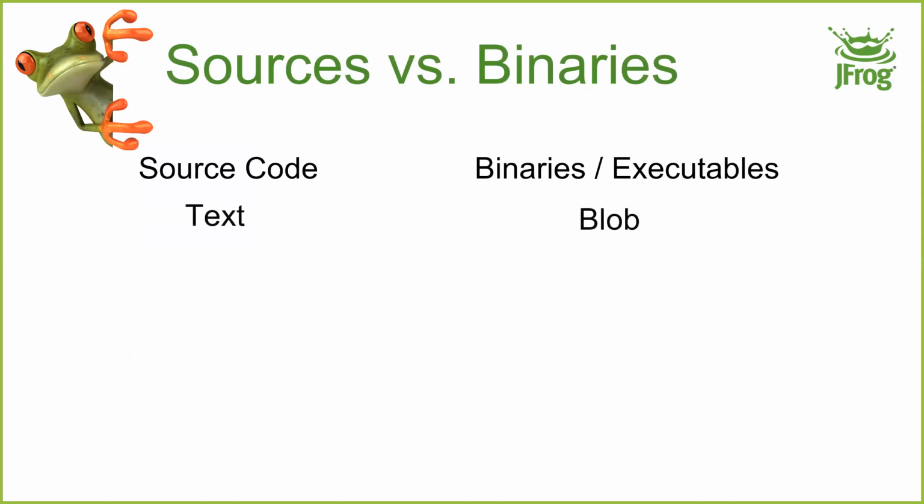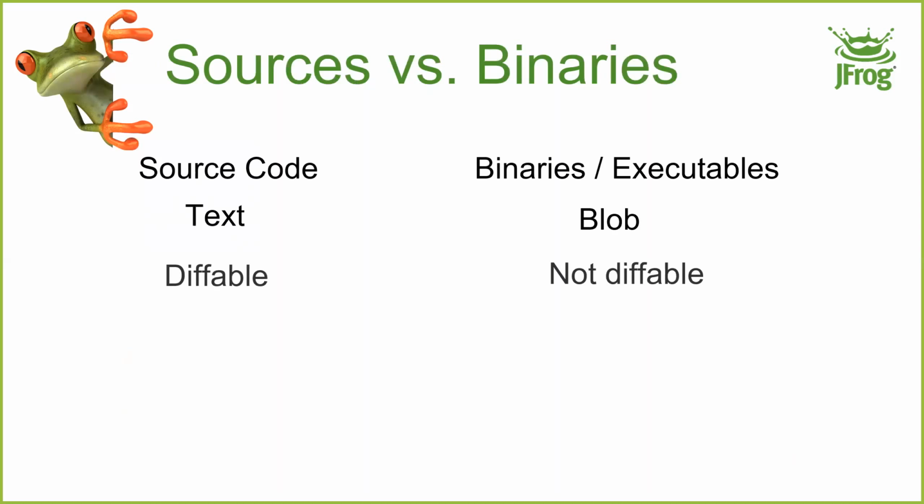But the idea here is to explain why it's not that appropriate to store your binaries in your version control system. So basically, what is source code? It's a text file, where you can write into it and see its content. A binary would be more of a blob. Basically, you don't really read a blob. First thing, it's a binary.